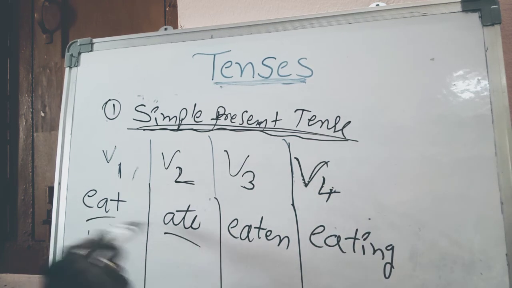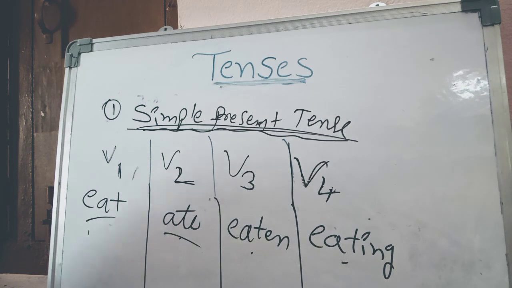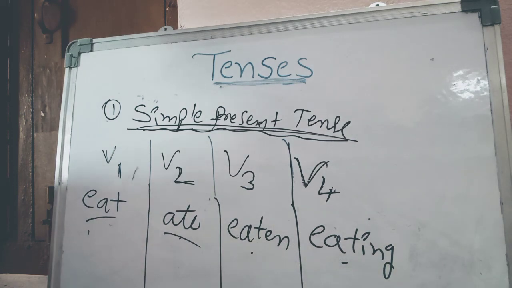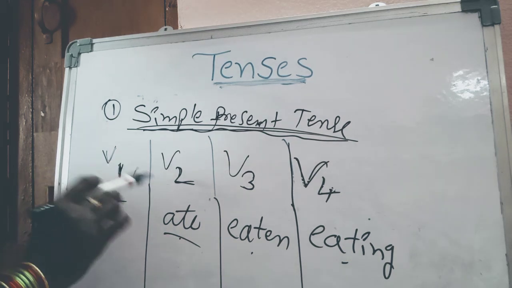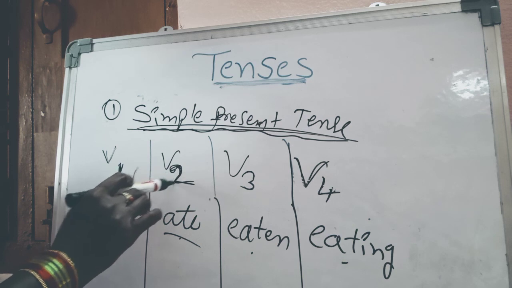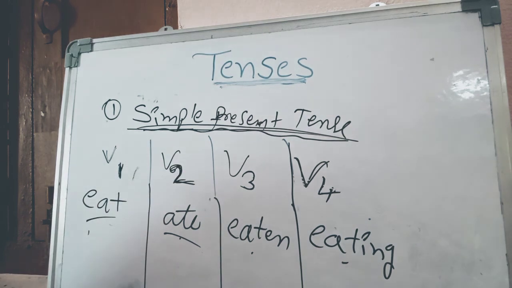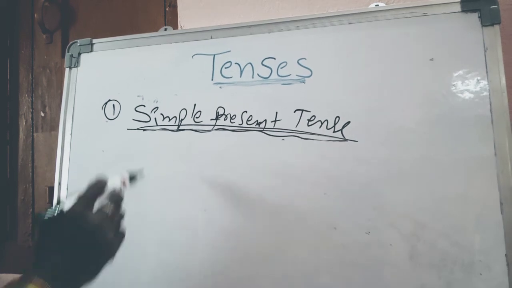These are V1, V2, V3, V4. Like this, so many verbs are there. If you observe in a dictionary or other books, we can get these verbs, and we have to learn those verbs by heart. I think you understood.